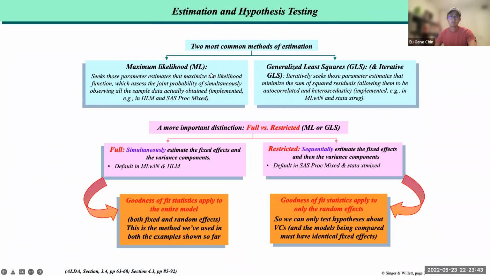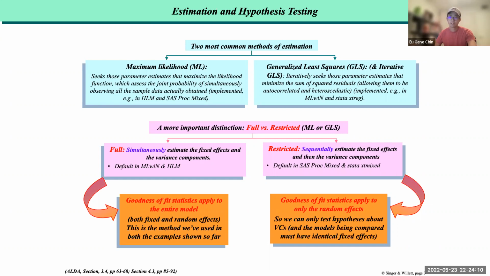So speaking of estimation methods, I want to quickly talk about the common estimation methods here. Broadly speaking, they tend to be divided into maximum likelihood and generalized least squares, and we get different derivations out of it. So let's talk about generalized least squares first. Similar to ordinary least squares, GLS is looking for parameter estimates that are going to minimize the sum of squared residuals.